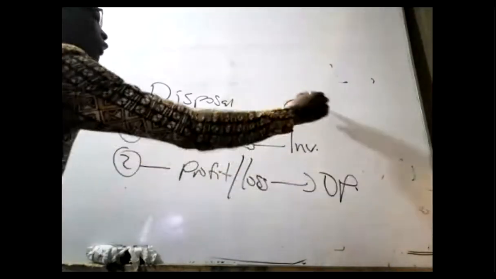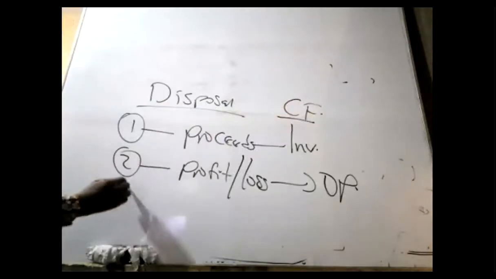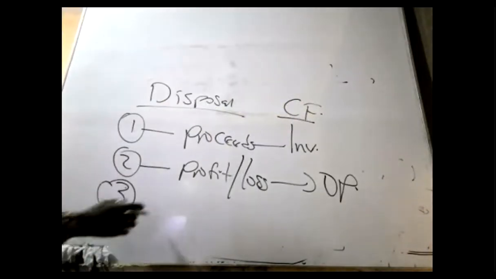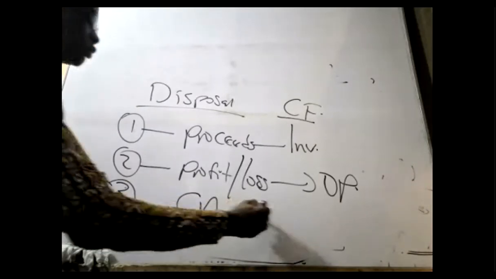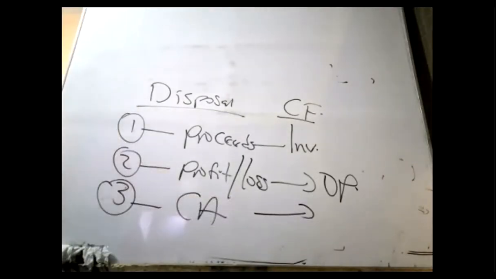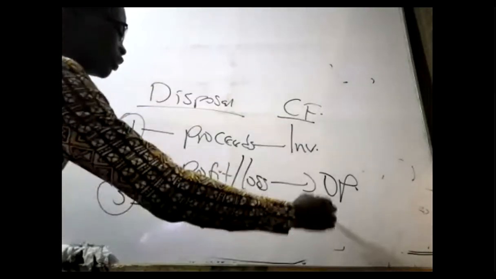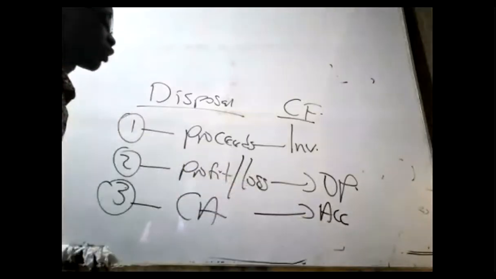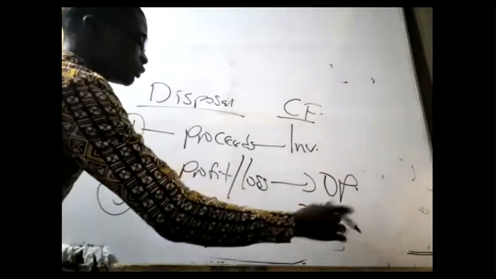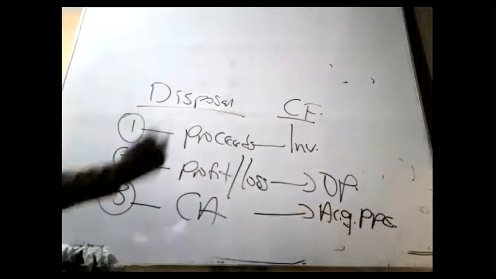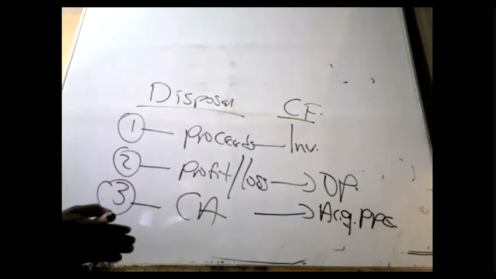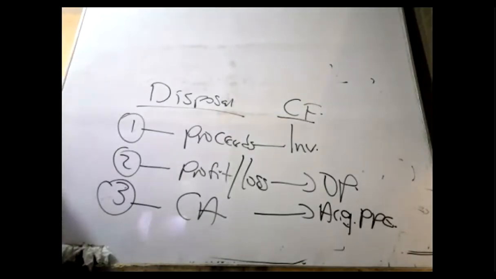That is the cash flow point of view. Then number 3, the last one, look for the carrying amount of the disposed asset. That one, you reverse it, and it helps you calculate the acquisition of PPE, to know whether they acquired PPE during the year. That is all. So when there's a cash flow and there's disposal, that's all.